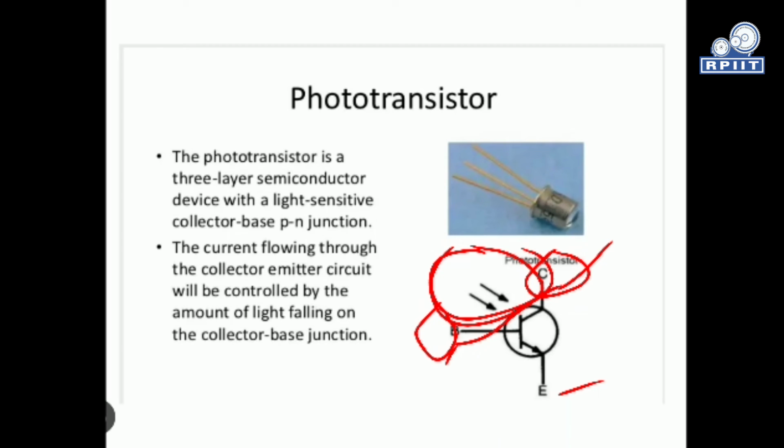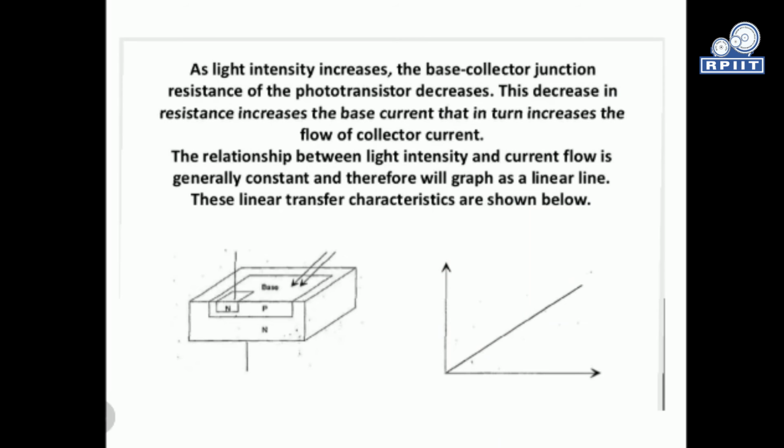So the voltage across the collector to emitter will depend upon the intensity of the falling light, the photons. As the light intensity increases, the resistance of the base collector junction of the phototransistor decreases, and this decreased resistance increases the base current, and in turn increases the flow of current.